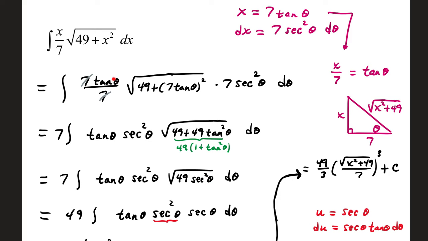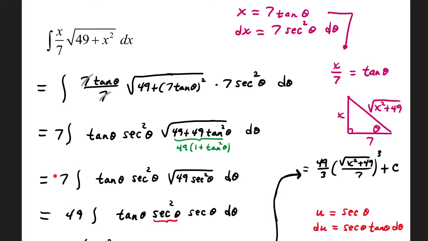Back to the beginning, I'm going to regroup with tangent theta and secant squared theta together. Under the radical, we've simplified, so tangent theta secant squared theta times the square root of 49 secant squared theta d theta. Taking the square root, that gives us 7 secant theta.